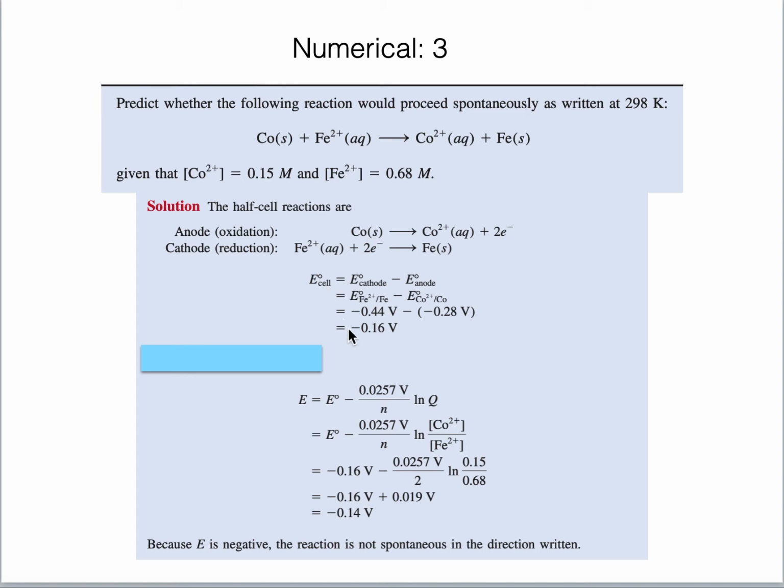It means that whether it is E naught cell or E cell, the sign is negative for both of these. So the reaction cannot happen on its own. It is non-spontaneous in this forward direction. And if you want to carry out this reaction, you have to provide some energy externally to carry out this reaction.